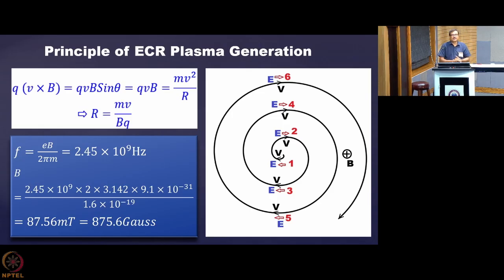So, you know that these are electrons. So, if you see that V cross B and take the sign, you will see that Q V cross B is pointing inward. So, that is what is required. So, the direction that we have applied, you see these red arrows, they are basically showing the gyration direction.